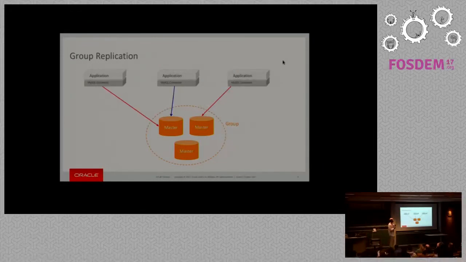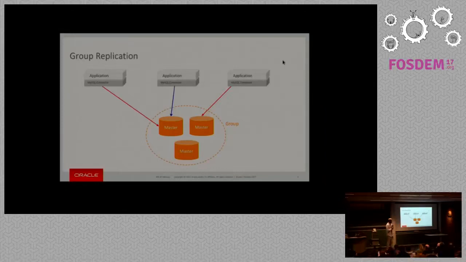And finally, we now release GA group replication. So on group replication, you have the notion of multi-master, even if you have configured it as a single master with secondary masters.